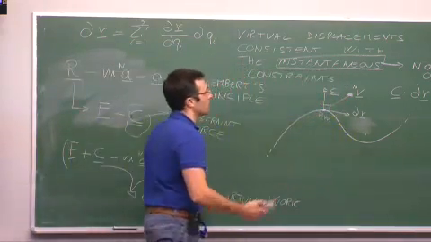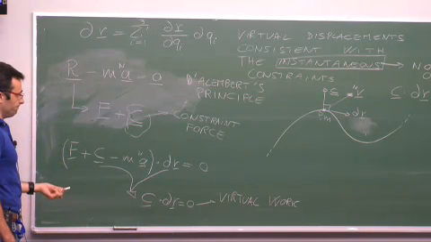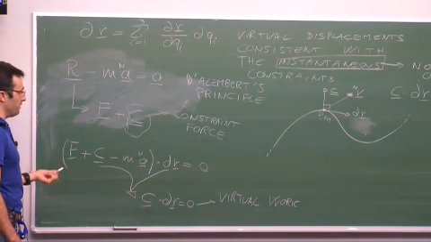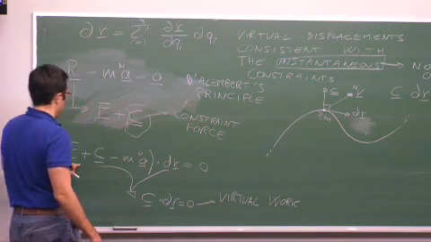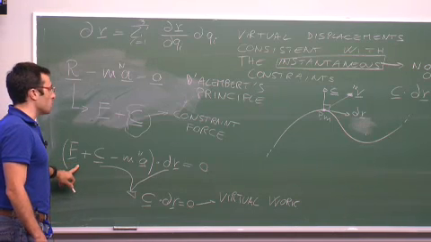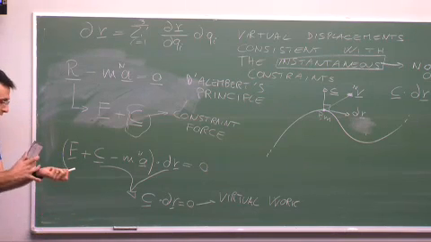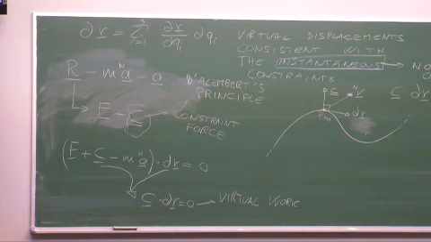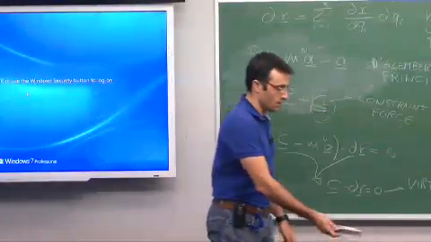Since I'm talking about work, what does work do? When you have forces that have non-zero work in general, remember this is for the constraints, but then there are other forces here that can also make virtual work. What does work do in general on a system? What does it affect? This table is at rest.